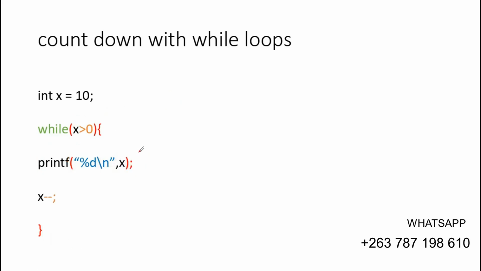In this case the current value of x is 9, so printf prints 9 on the screen, and this \n introduces a new line. So currently it's 10 from the last loop, and then 9 from the current loop. That's what's printed on the screen.